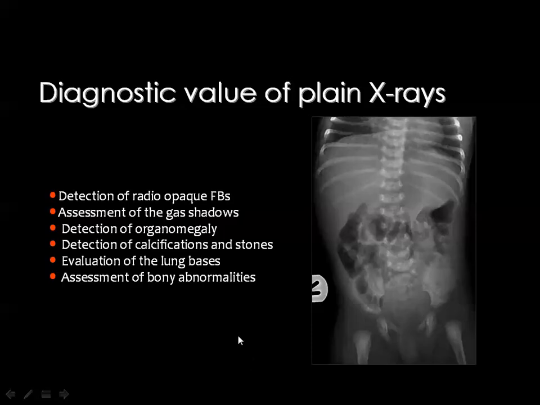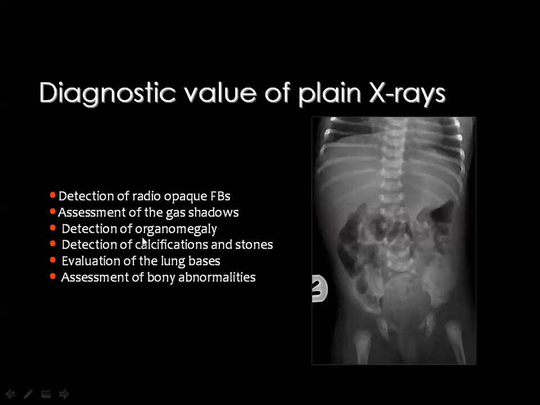The value of the plain X-ray, especially in the pediatric population, is very, very important. By plain films, we can detect radiopaque foreign bodies. We can assess the gas shadow, which is very important in evaluation of GI congenital anomalies, as I will mention.